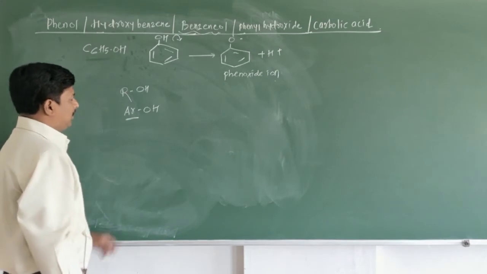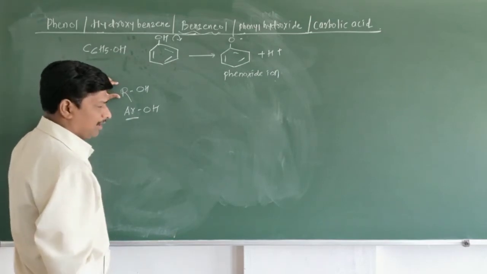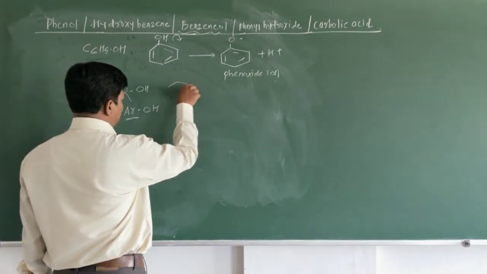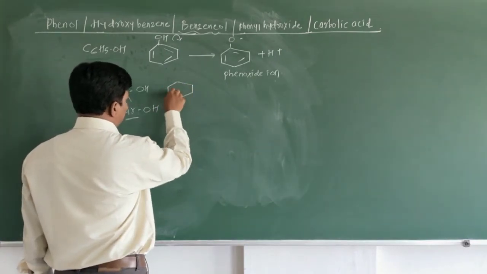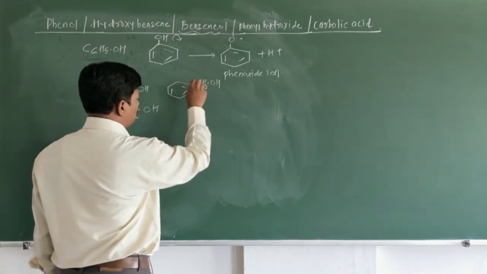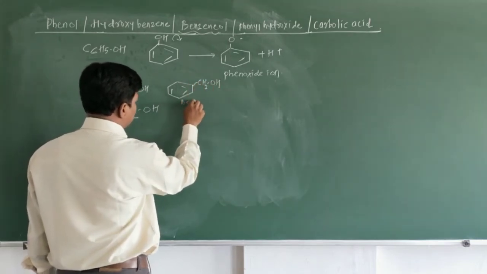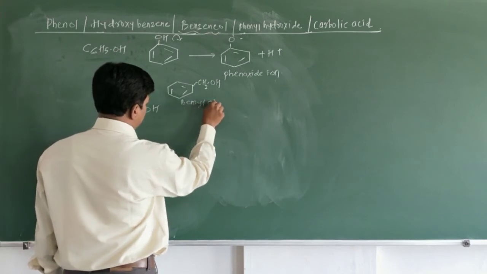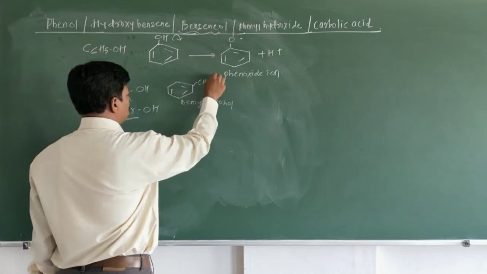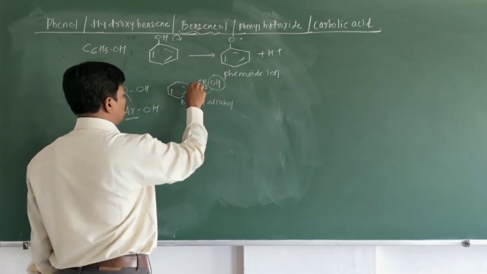Now there are also aromatic alcohols. I would like to write one example: a benzene ring with CH2OH. This is an alcohol, and its name is benzyl alcohol. In this structure the OH hydroxyl group is not directly attached to the benzene ring.